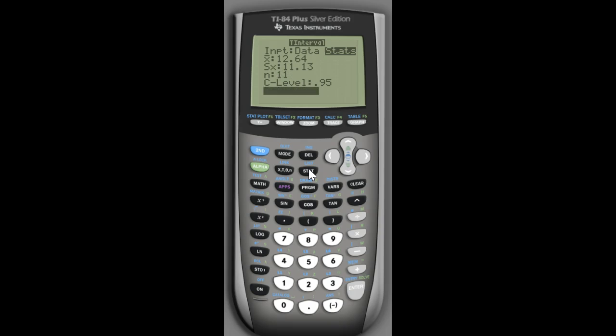We calculate the interval and we get 5.1628 to 20.117. It's a huge interval, in part because my sample size is really small.